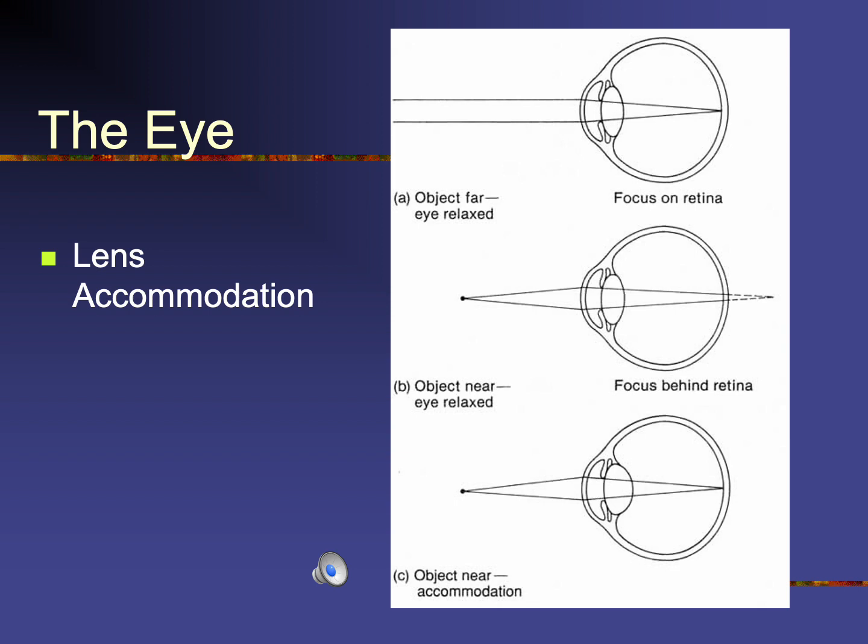Now in the middle is showing an object that's near, in which you can't quite focus on it. It's so close that you can't. The lens can't be accommodated, or it hasn't been yet. And then when it fattens up there, you've got the bottom image.